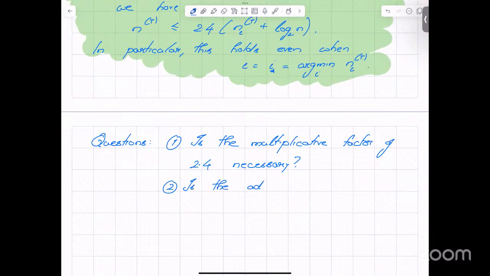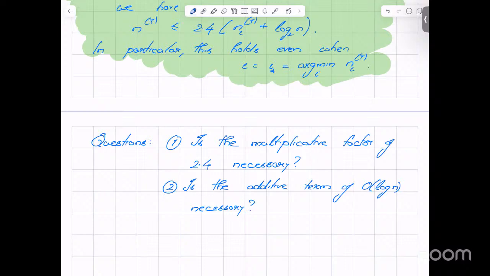Is the additive term of order log n necessary? You should be able to convince yourself the additive term is sort of necessary. Even in the infallible expert case, there's no way I can find out who that guy is. So we have an additive term. The question is, can I make this 2.4 into 1? That would be great.